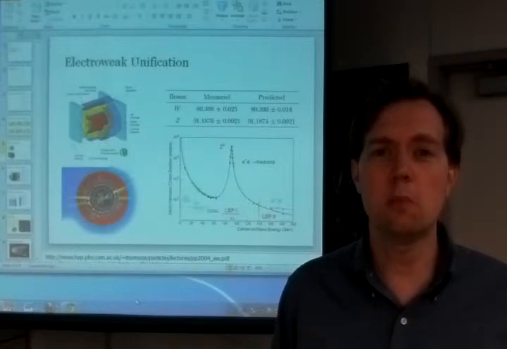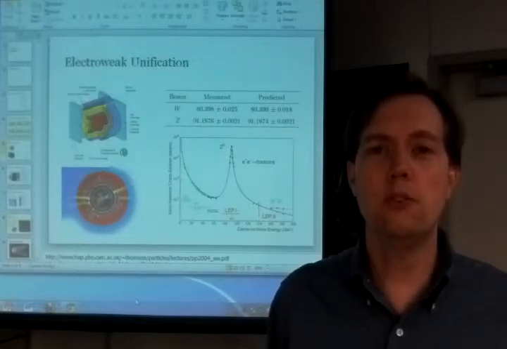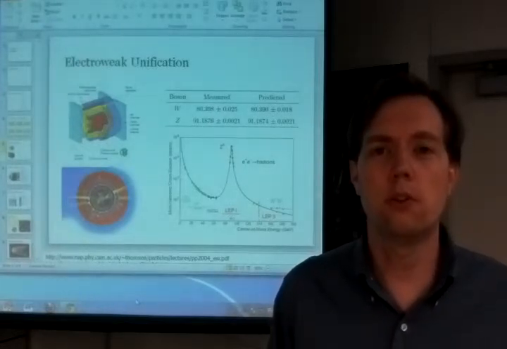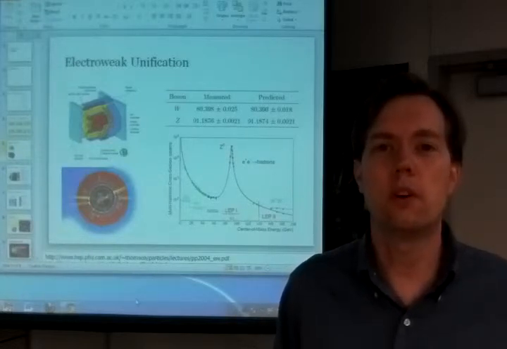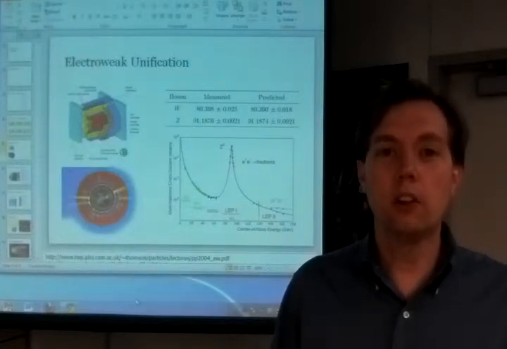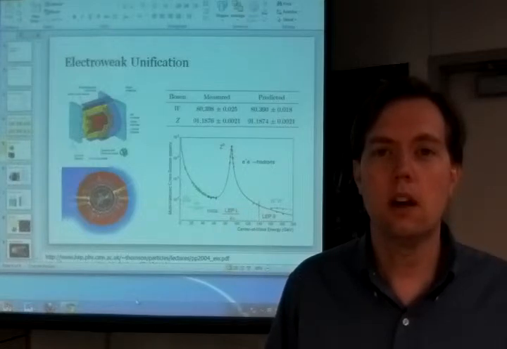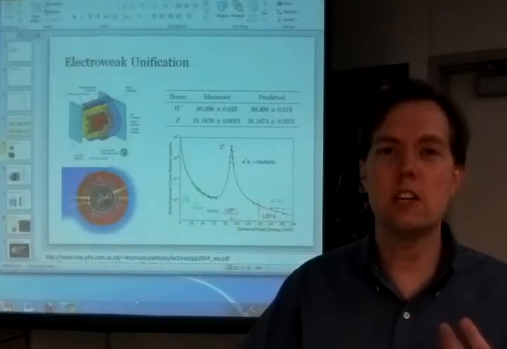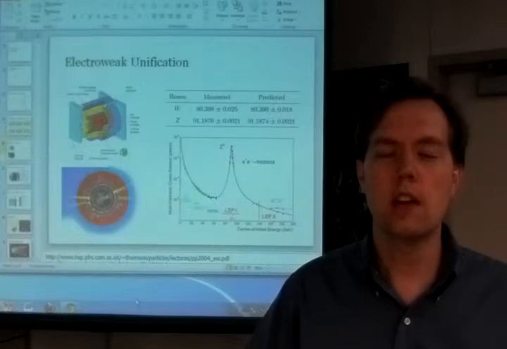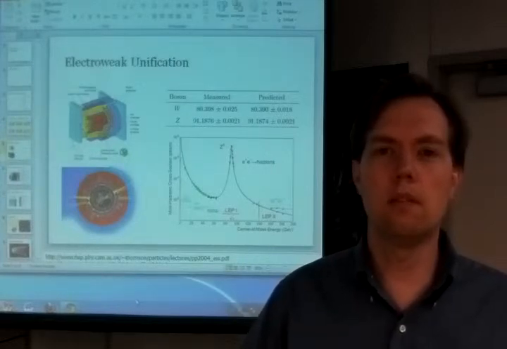So really, in a fundamental way, there are only two forces. There's the strong nuclear force and the weak nuclear force. And only at kind of low temperatures do we really see a distinction made between the weak nuclear force and the electromagnetic force.